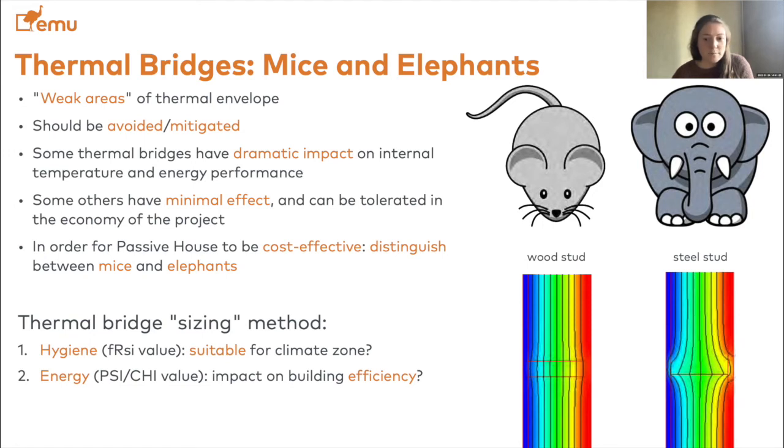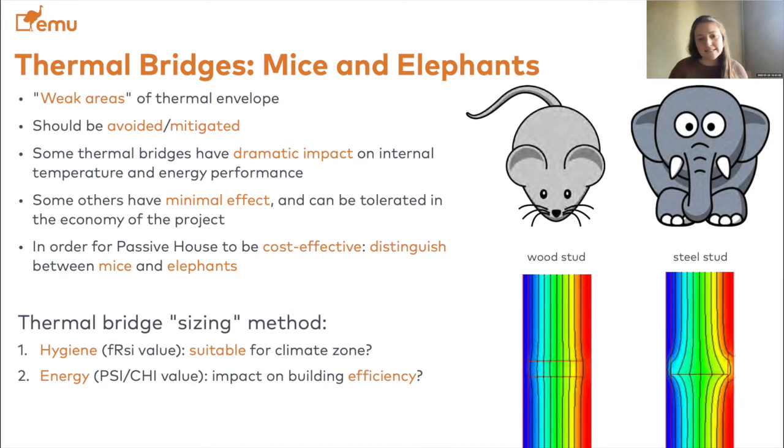That's a large disruption due to steel being a superconductive material, so that causes a bigger thermal bridge. This is a pretty simple comparison, order of magnitude wise: where are you going to put your attention and your money in trying to mitigate thermal bridges? You would put it on that elephant on the right, not on the mouse on the left.